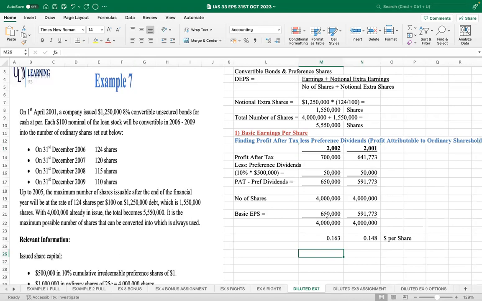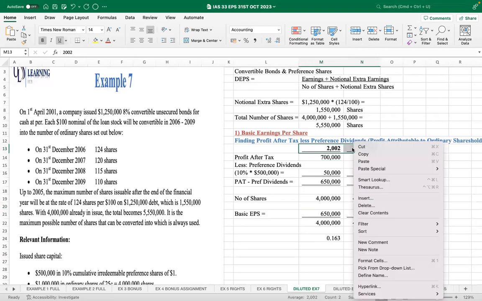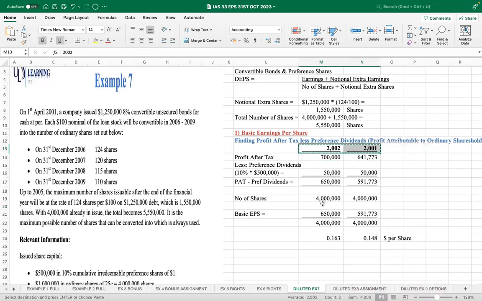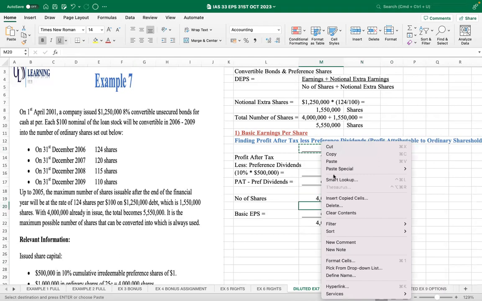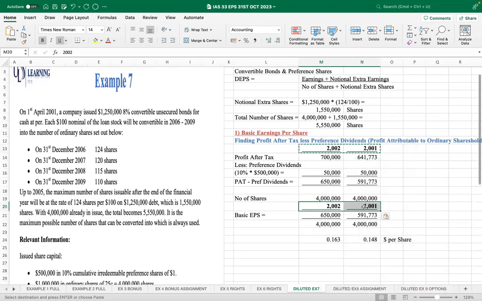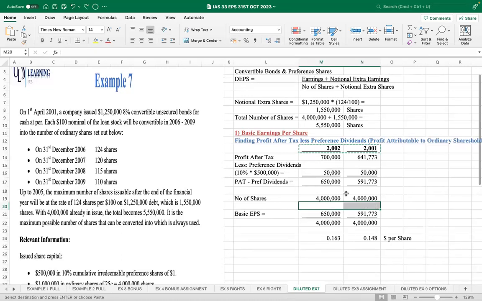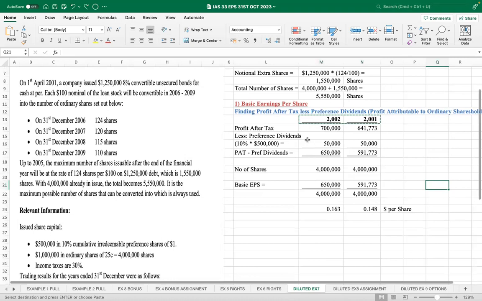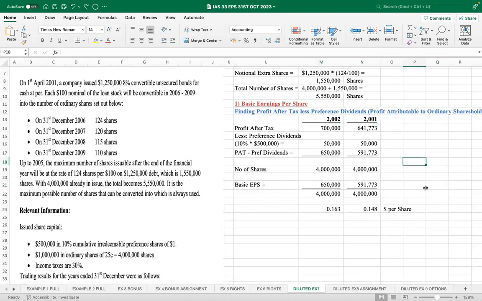This is for the year 2002 and this is for the year 2001. So that is how we calculate the basic EPS. So we have found the basic EPS.